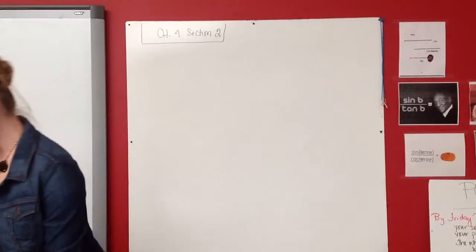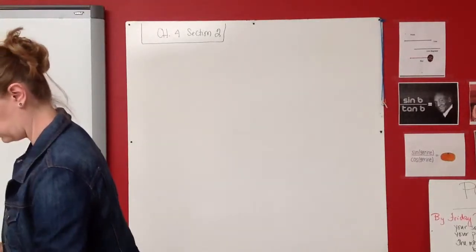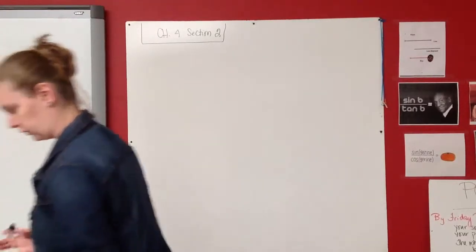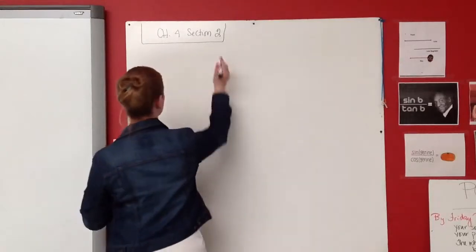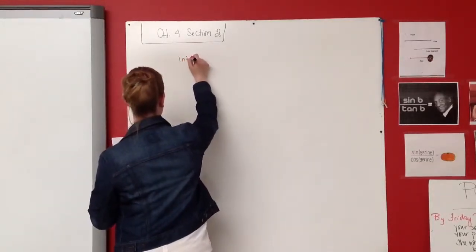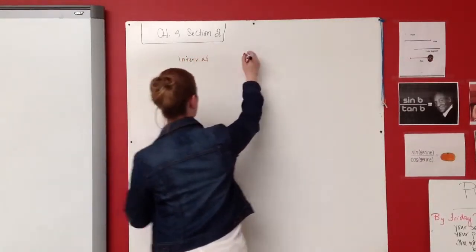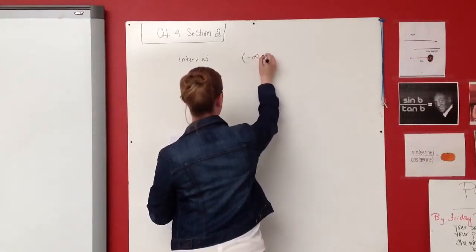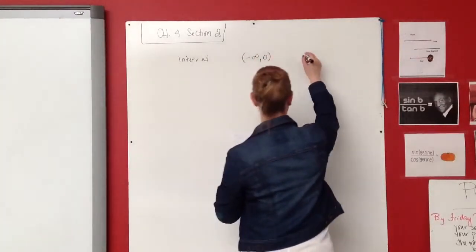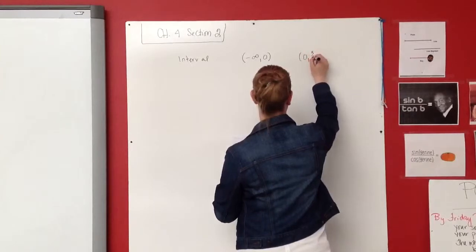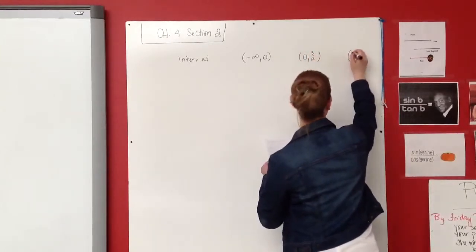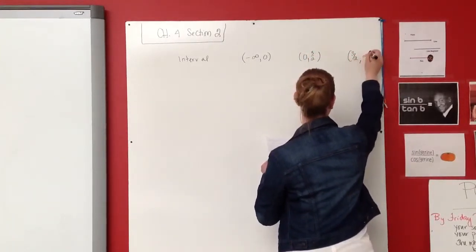Okay, so we have our 3 intervals, and we're going to make a little bit of a table. So we have the interval, and the intervals we've identified were from negative infinity to 0, from 0 to 3/2, and then from 3/2 to positive infinity.